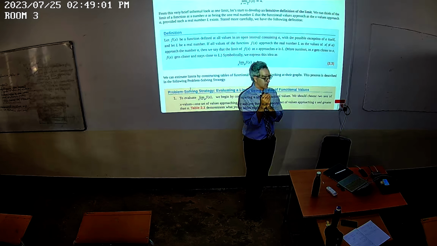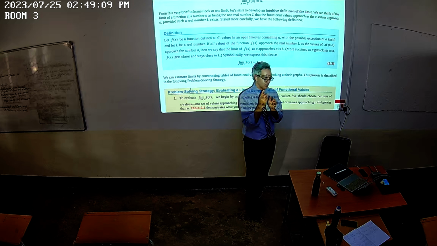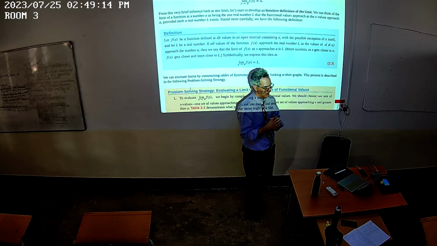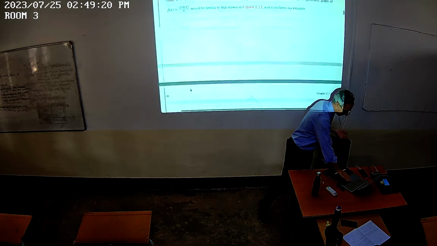But what happens if, as you get closer to a, the values of the function are not approaching one number? They're jumping around. So you see an example where it jumps around, and therefore the limit does not exist. That's also possible.